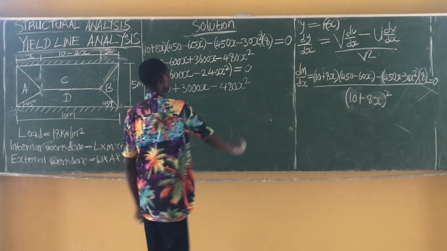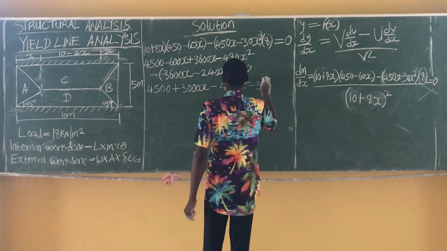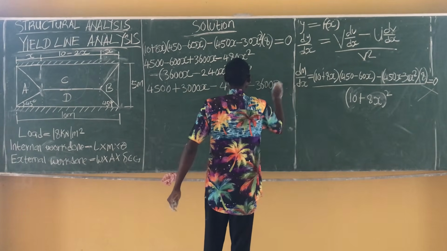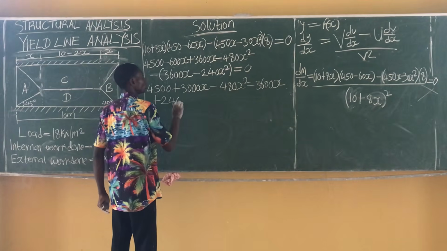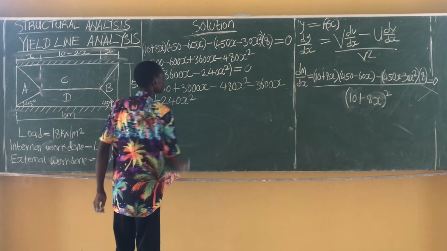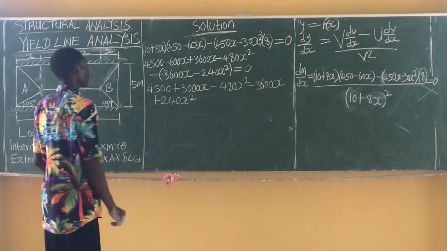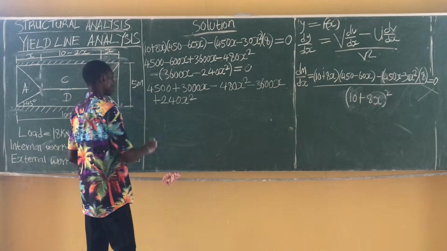Opening up this bracket, minus 3600x plus 240x squared. Alright, so at this point, let's take like terms.